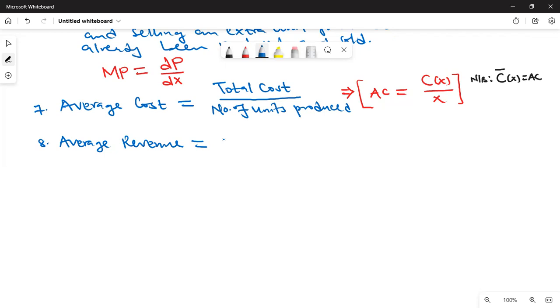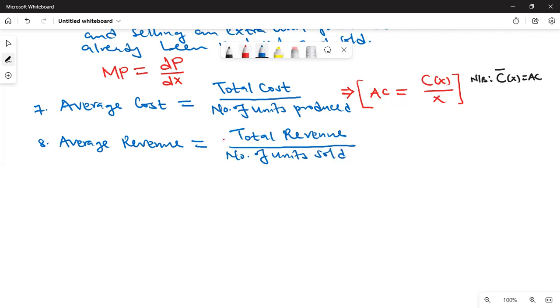So this is given by the total revenue divided by the number of units sold.